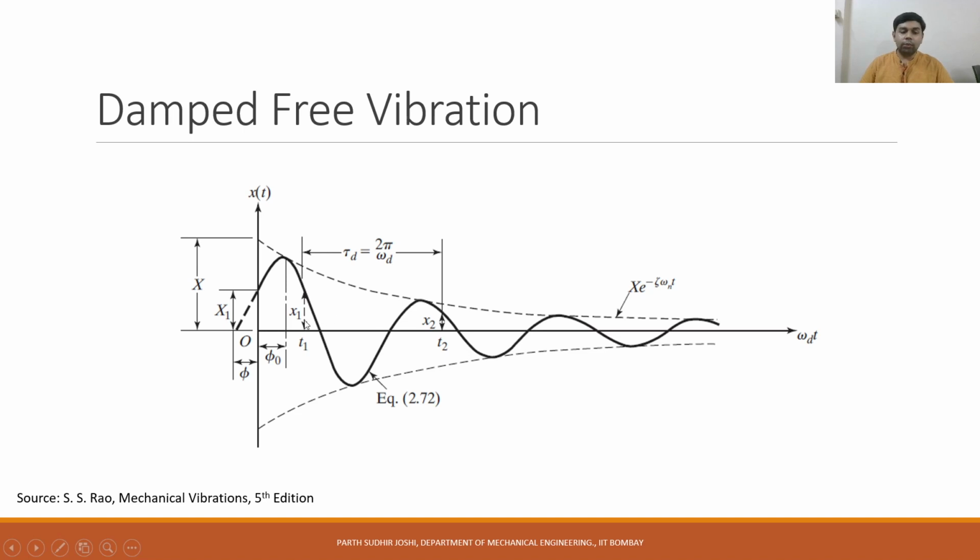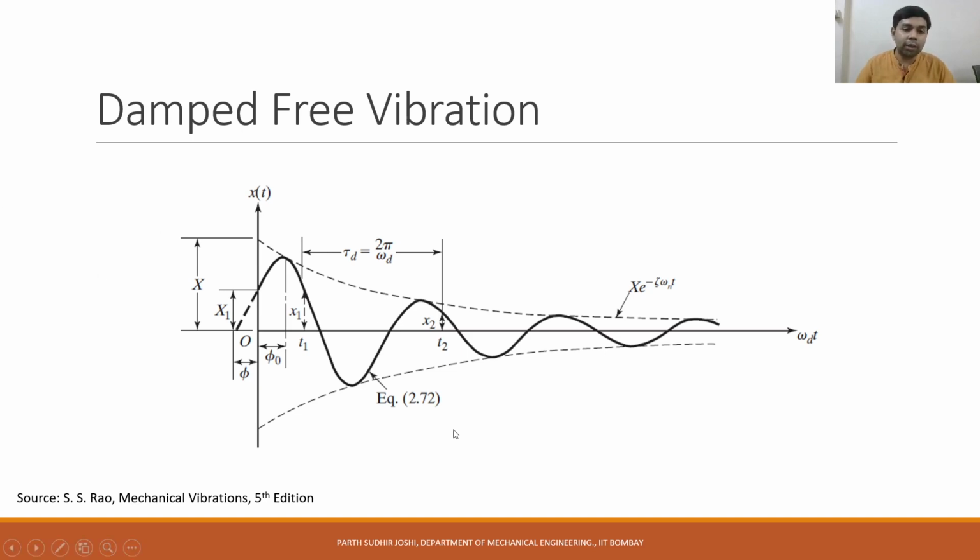Let us say we note the amplitudes at certain points of time, and we want to find out the damping present in the system by observing the amplitude. The method of logarithmic decrement can be used to calculate the damping present in the system from the ratio of successive amplitudes.